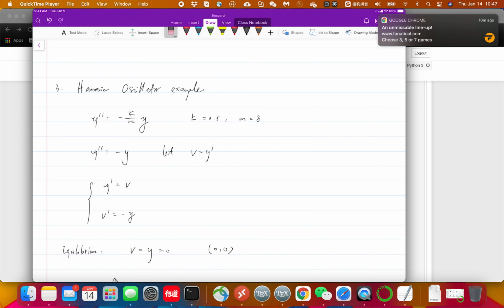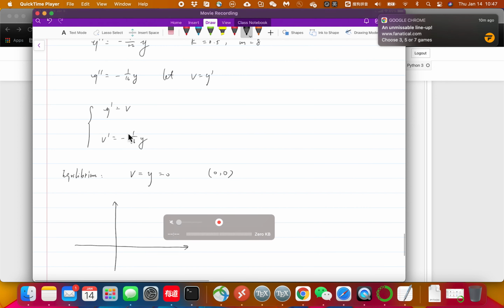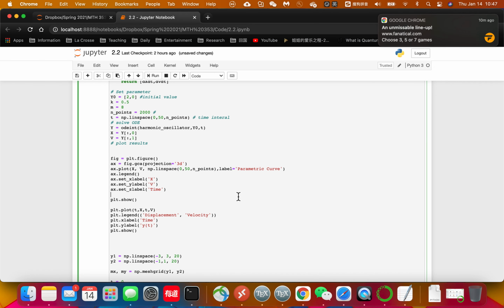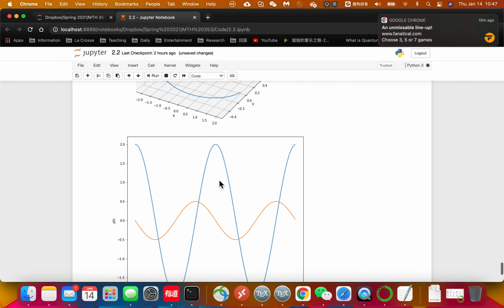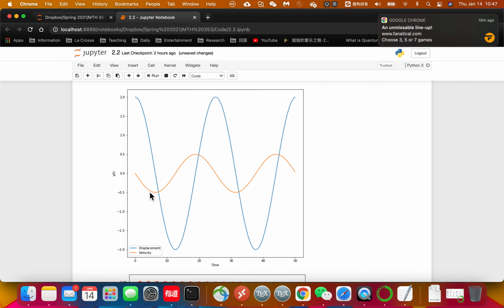Okay, so what we have here is a nice graph for velocity, the orange, and displacement.